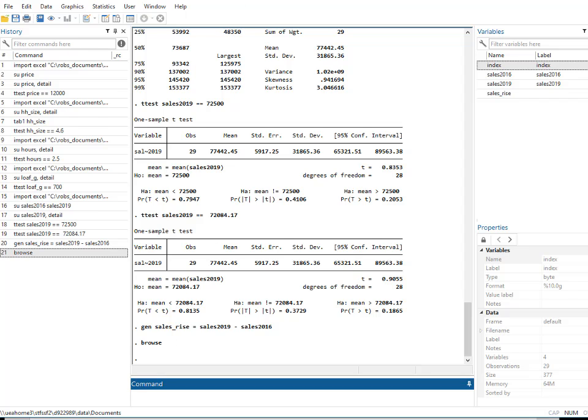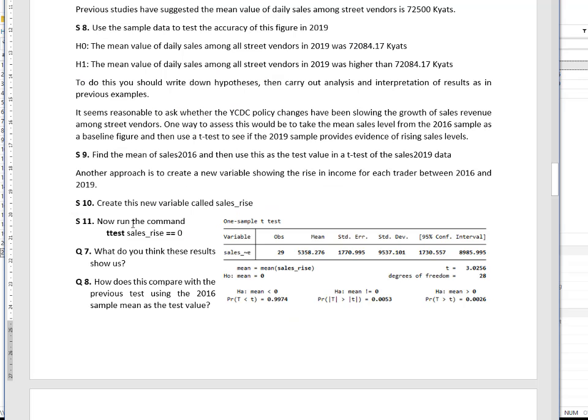So all we're going to do is look at the average of that new column of the differences to see is it equal to 0, or possibly bigger than 0. The hypothesis would be that there's been no change, in other words, the mean of that column would be 0. The alternative is that there's been an increase in people's income, so the mean of this column will be bigger than 0. So it's a one-sided test. So we're going to run that command now.